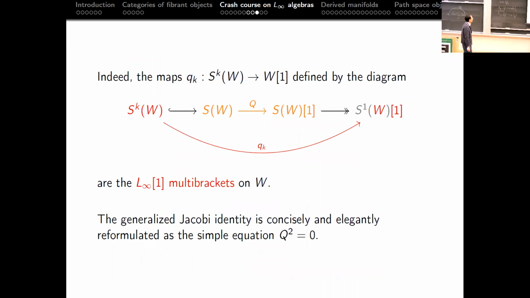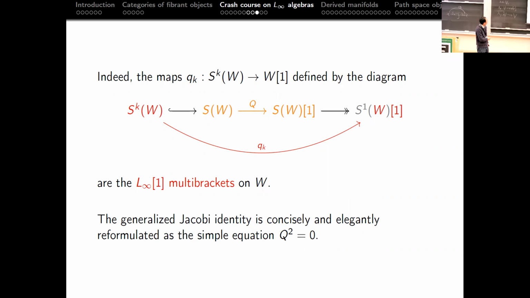All right. Now, how to see those maps? In the compact way, seeing all those maps is very easy now. What is that map? In this case, the co-derivation is generated by this map, its component from S^k W for all k.